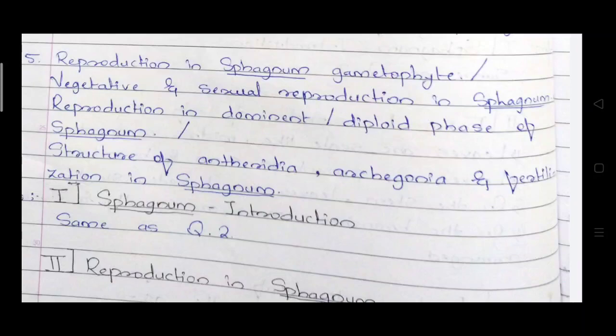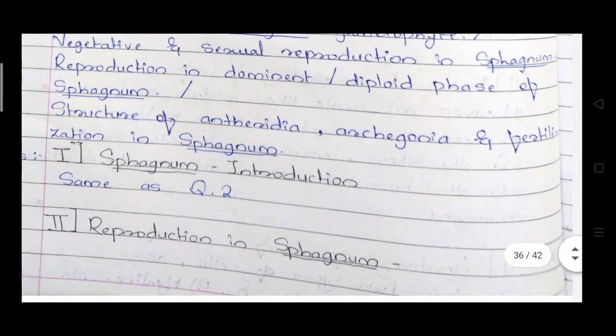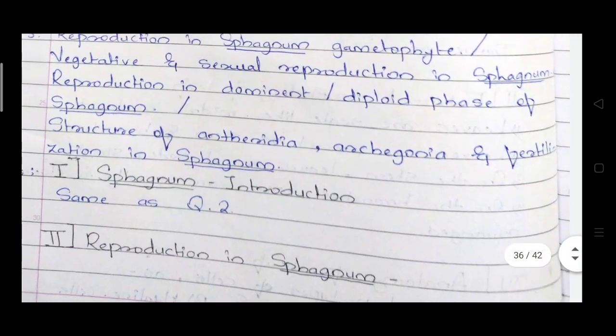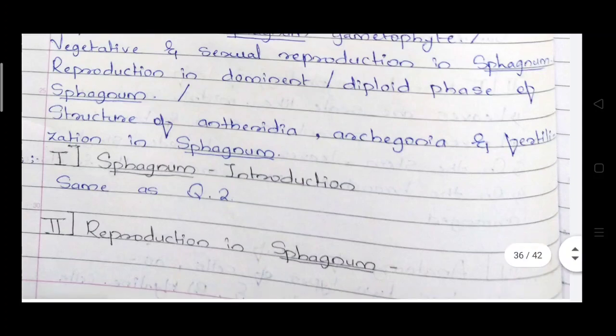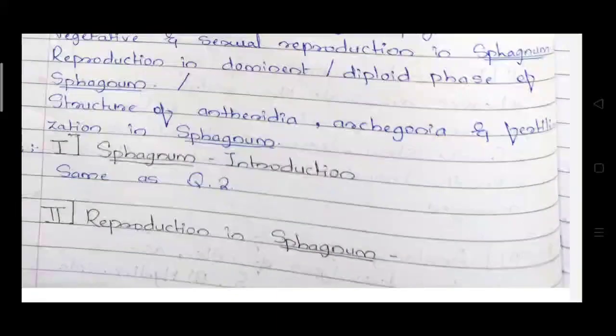Sexual reproduction is dominant, and they have a diploid phase. Sexual reproduction takes place by the fertilization of the male and female sex organs. The male sex organ in Sphagnum is called the Antheridia, and the female sex organ is called the Archegonium.